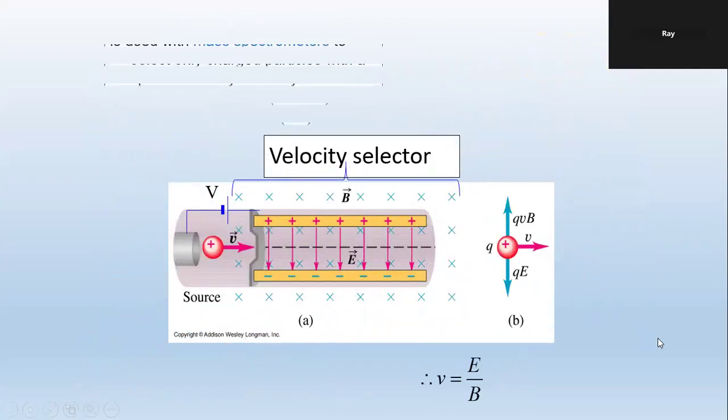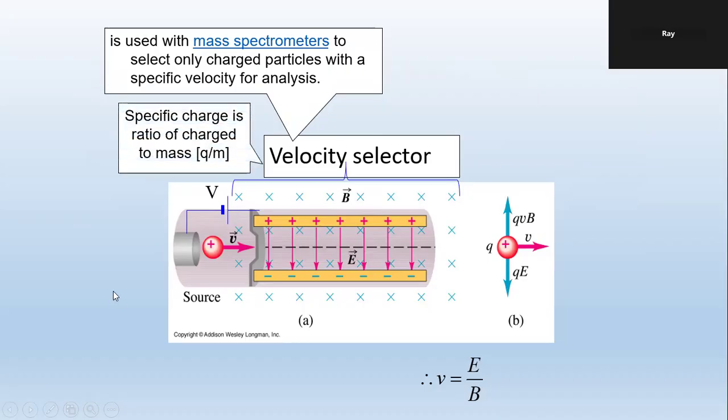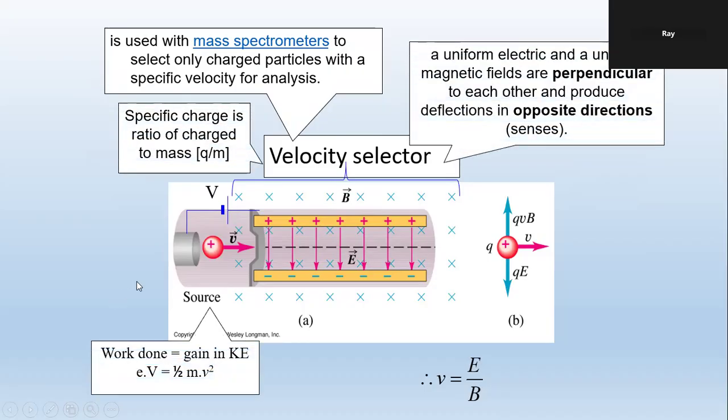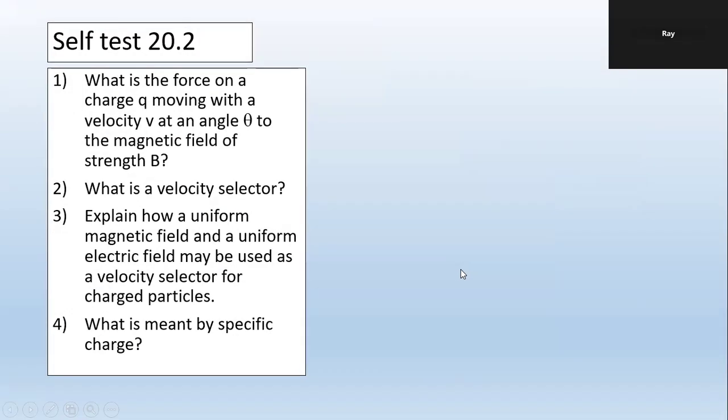This is a velocity selector, and a charge comes out from the source perpendicular to the magnetic field and the electric field. Okay, see whether you can remember what I taught you last week. What is the force on a charge Q moving with a velocity v at an angle to the magnetic field of strength B?